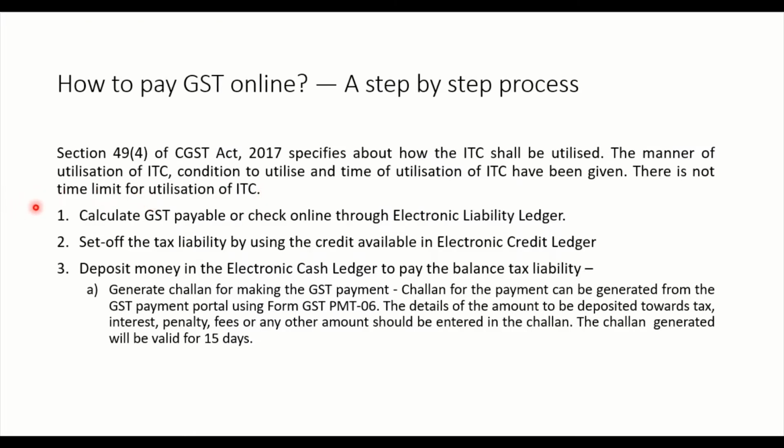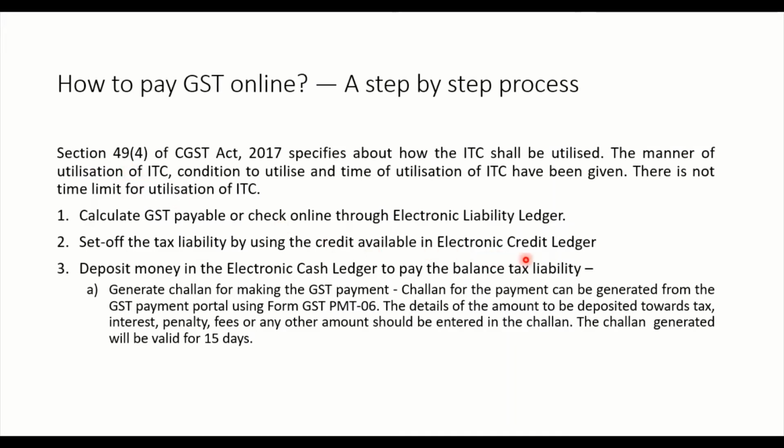Now let us start with the steps. Calculate GST payable or check online through the electronic liability ledger. Your electronic liability ledger will tell you how much GST has to be paid, and once you get that, you have to pay through the electronic credit ledger. And how to pay that? Section 49 has already said it.